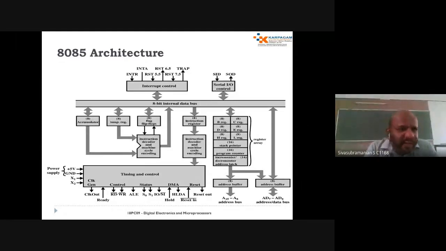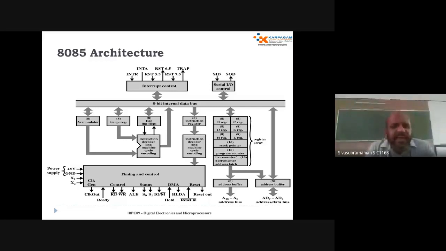So whenever an interrupt is available, it will be available as such. We have got five hardware interrupts. The hardware interrupts are namely INTR, which is interrupt request, and the other three hardware interrupts are RST 5.5, 6.5, and 7.5, and there is one more interrupt called TRAP, right?